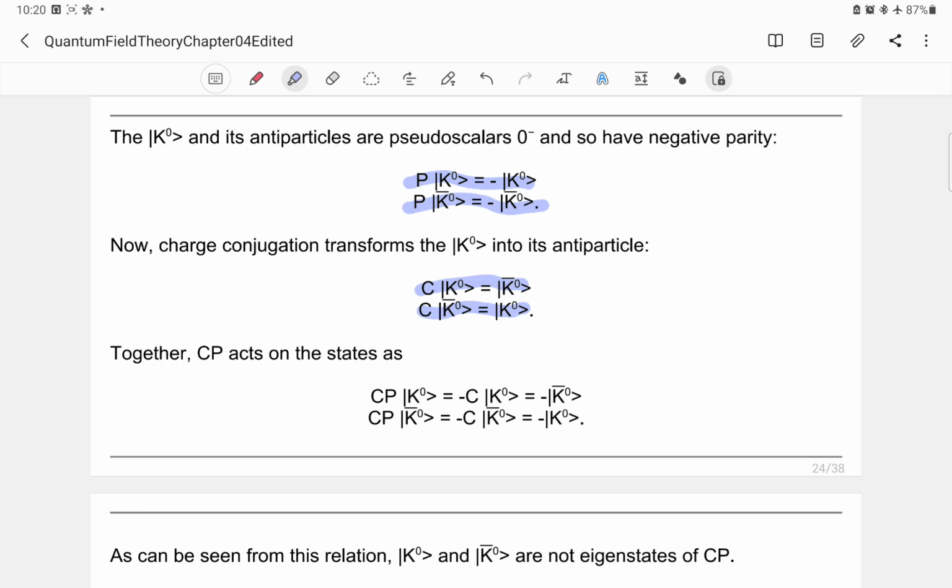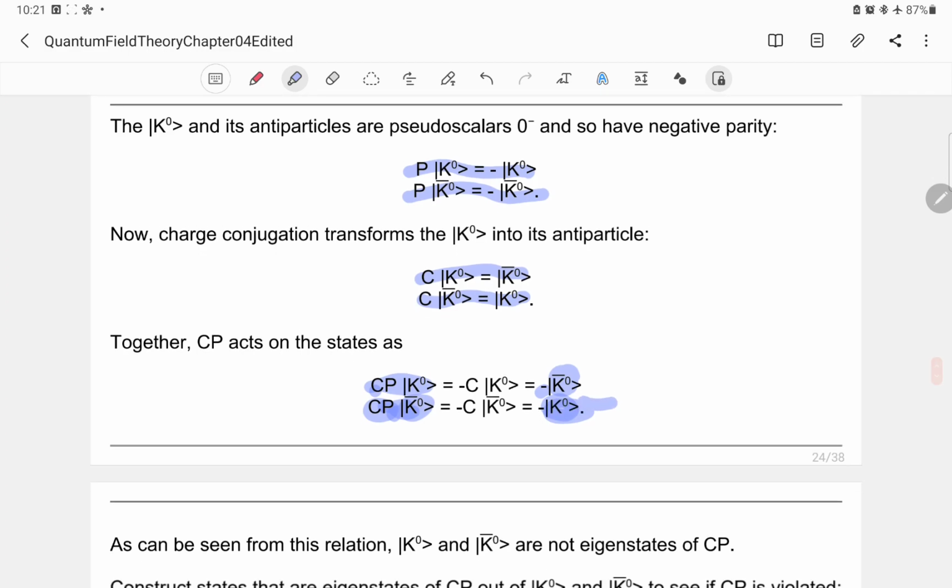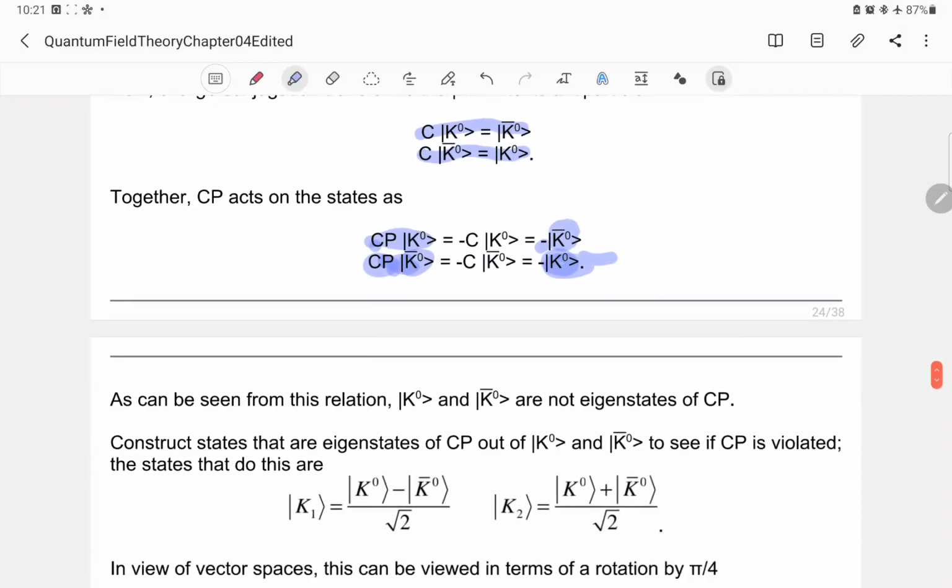So together you can see from here that CP acting on K0 gives you an antiparticle with a negative parity, and for the antiparticle, it gives you a particle with a negative parity, as can be seen from this relation.